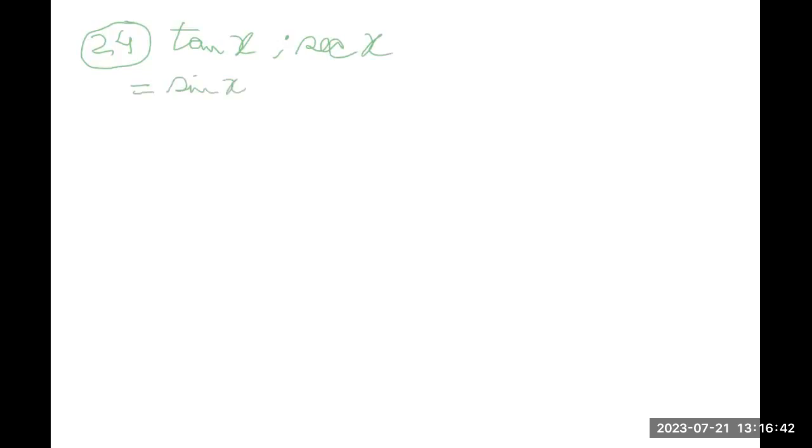So tan is sine over cosine. Now remember, secant is the reciprocal of cosine. So we are okay with having a cosine here, but we need to convert the sine into cosine somehow. Sine x over cosine x is the same as sine x times secant x.